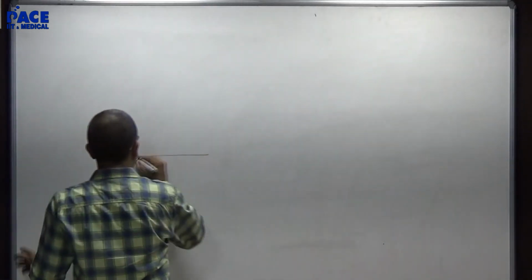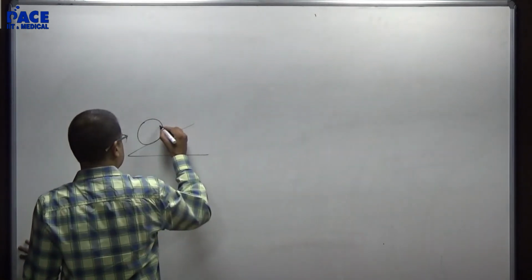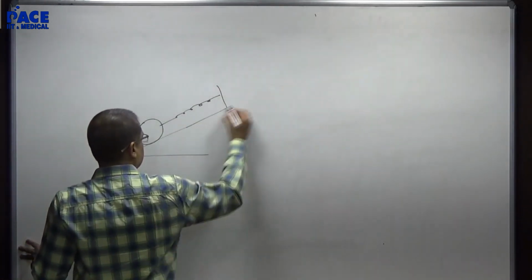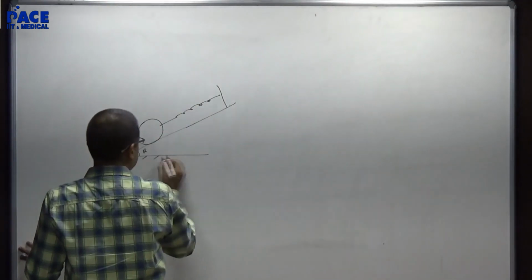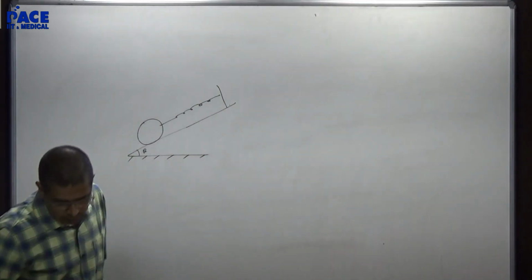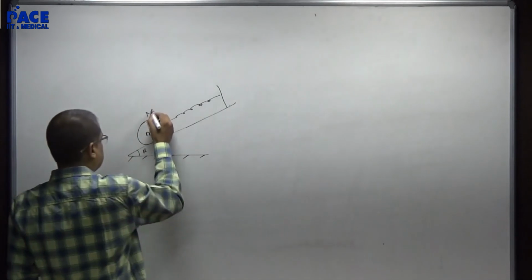So in the sixth one, when you are taking this like this, this is theta and this is fixed. You are taking small m as the mass of ice.